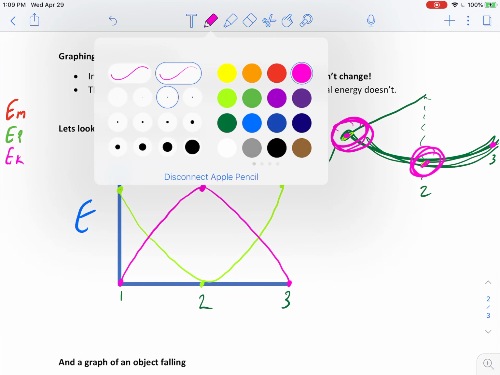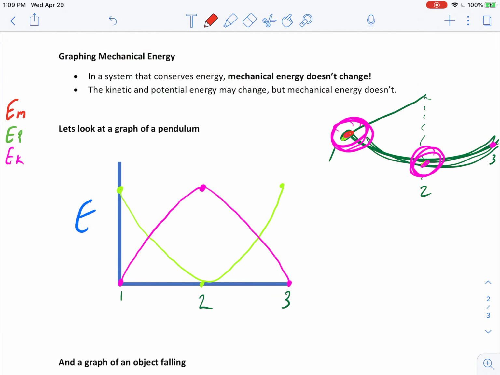What about mechanical though? Mechanical energy here, EM1, EM2, and EM3. You might remember from last lesson that the mechanical energy in the system doesn't change. It's conserved. So at the beginning, your mechanical energy is equal to the total amount of energy from kinetic and potential sources. And it doesn't change throughout the whole experiment.